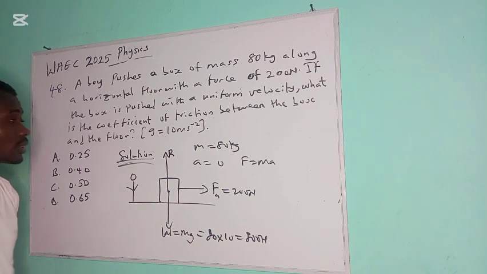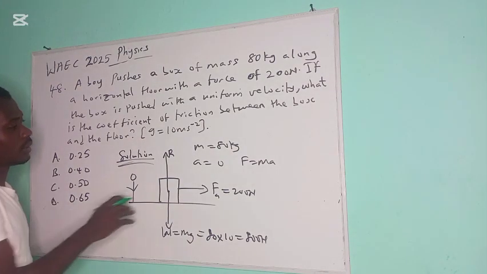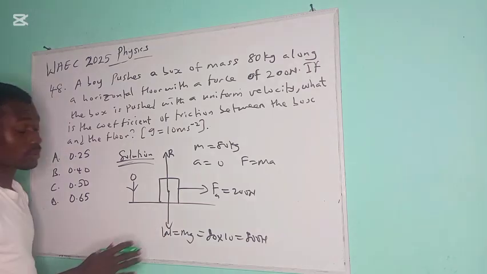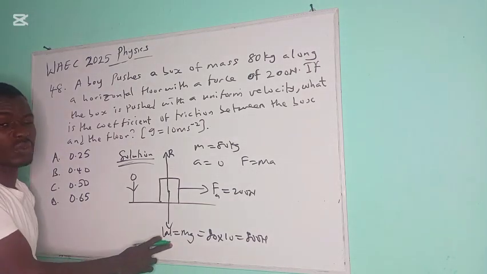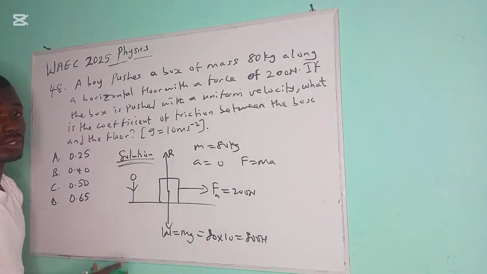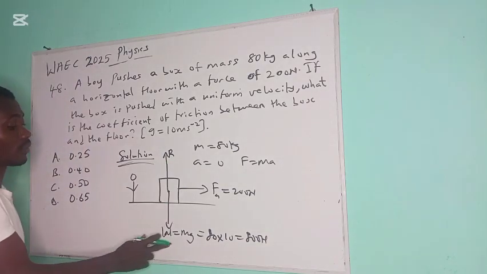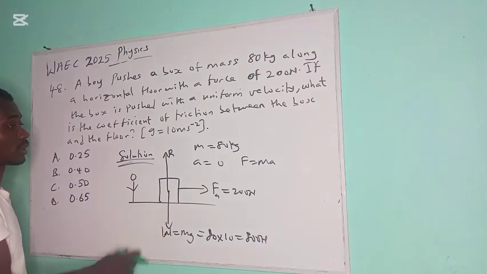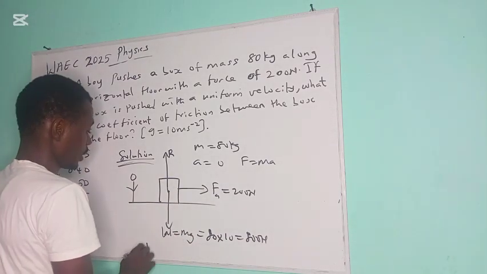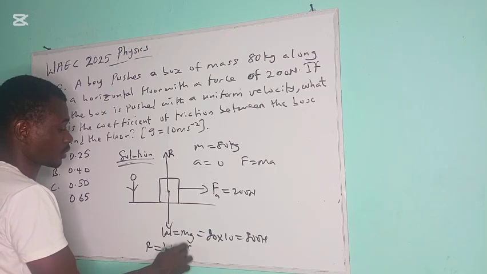Let's use R to represent it; some use N. The normal reaction is always opposite to the weight of the object, so the normal reaction is equal to the weight of the object, which is 800.